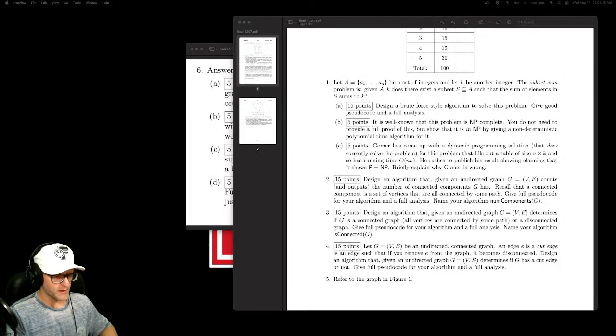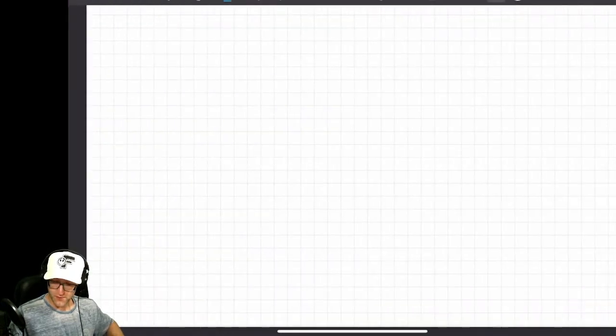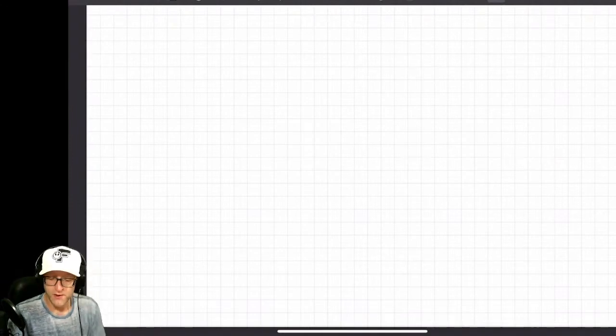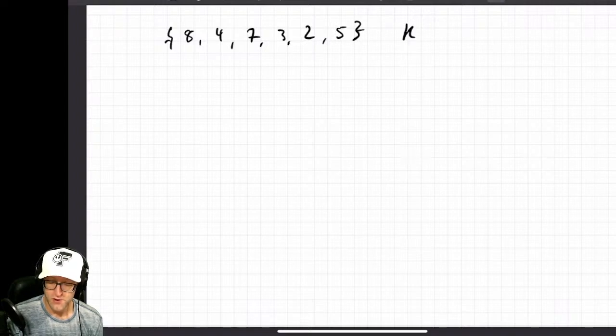Okay, so let's go over to our tablet here. I want to design a brute force algorithm to do this. First of all, let's understand what we're talking about. We're given a set of integers here, 8, 4, 7, 3, 2, and 5, and our integer K here is, I don't know, 14.